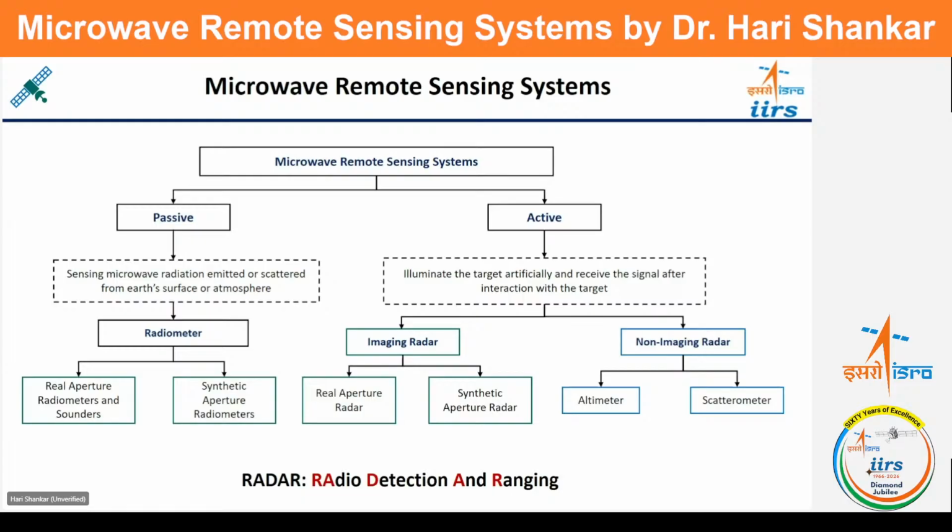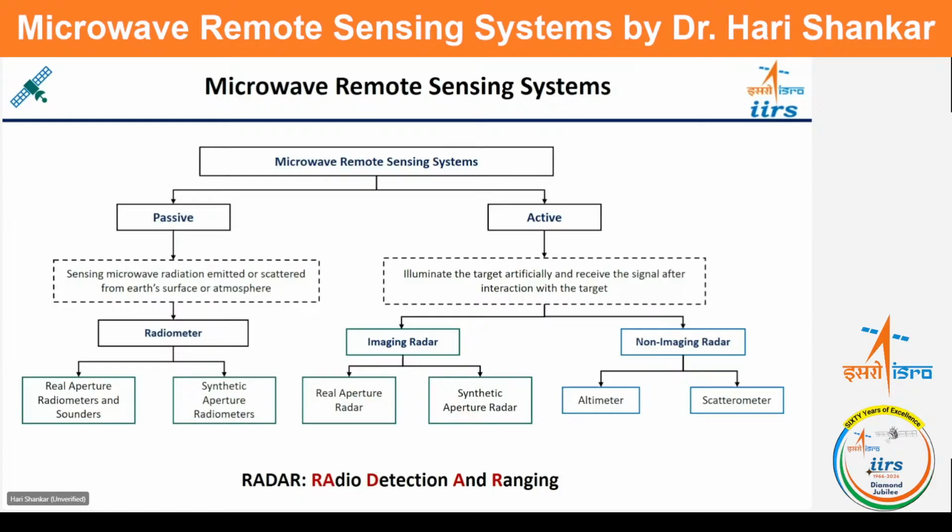The range and detection can be done very easily using radar devices, and they work mostly in the microwave portion. In radio waves they also work, but here we are more concerned with radars working in the microwave portion of the electromagnetic spectrum.